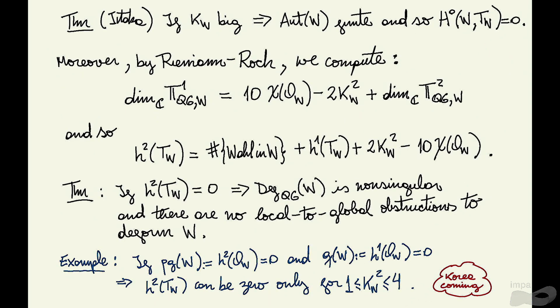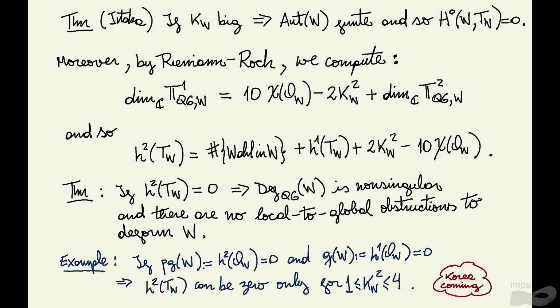And when that happens, you can consider the deformations of your W. And that is the way we construct the deformations for a W. So I told you that the only concrete thing that we can construct is the singular W. And then if you're lucky enough and compute that this is 0, you have no obstructions, and you can consider the deformations of that W.